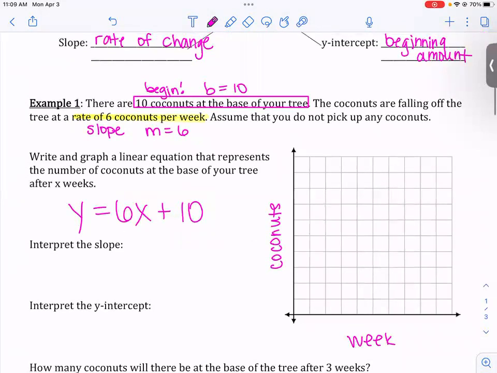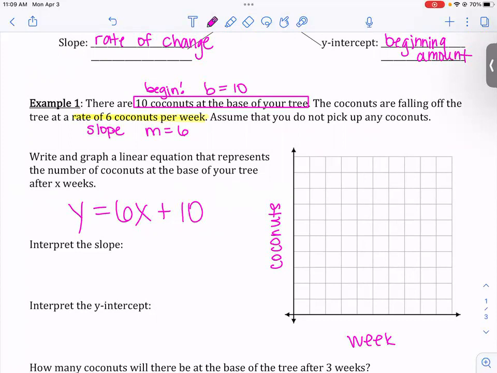Our rise corresponds with our y-axis and our run corresponds with our x-axis. Since our slope is coconuts per week, we label coconuts on the side and per week on the bottom.